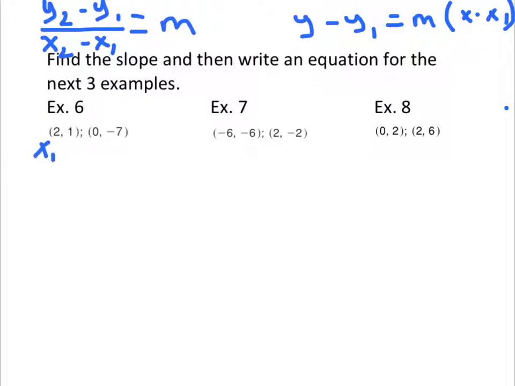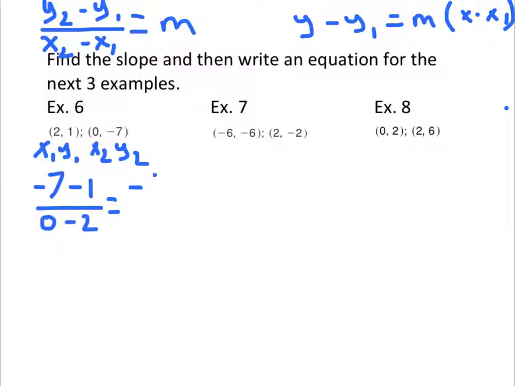We have an x1, y1, x2, y2, and then when we figure out the slope, -7 minus 1 over 0 minus 2. -7 minus 1 is -8 over -2. That simplifies to a positive 4.